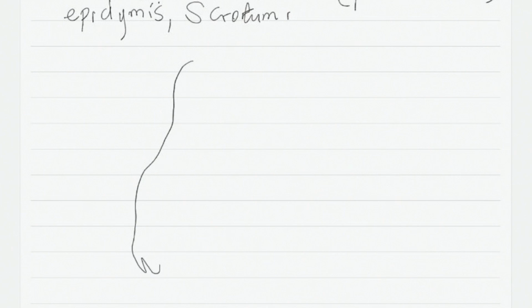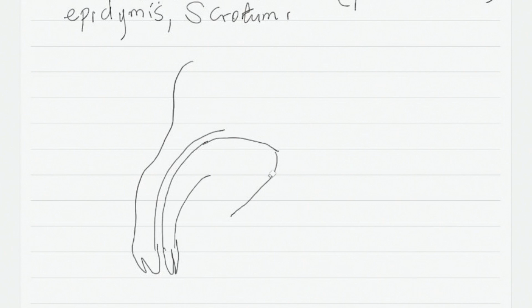A male reproductive organ looks like this.